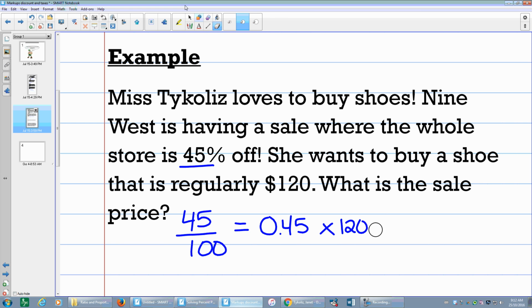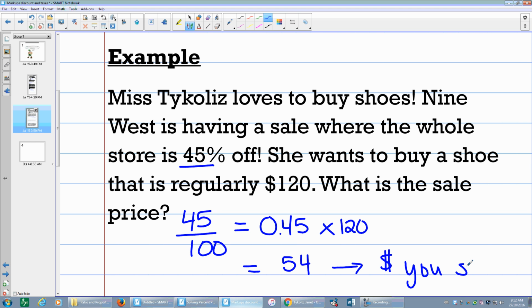You can plug that in your calculator, and you should get $54, just straight 54. This is how much money you save.